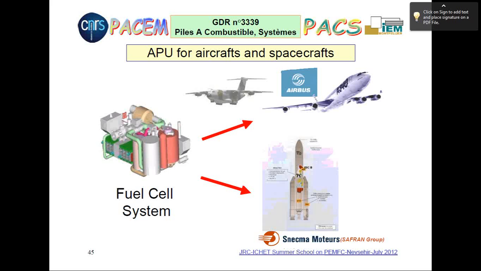Instead of using kerosene or the jet turbine at the rear of the plane, they put a small fuel cell of 12 kilowatts in the front, and you can move the plane in the airport, which is called taxiing, with the fuel cells. So it's a good example.